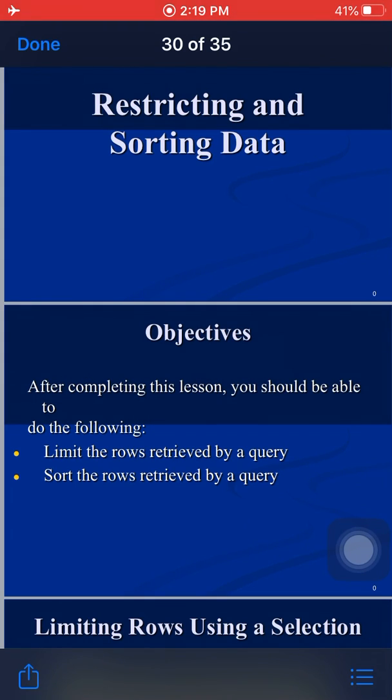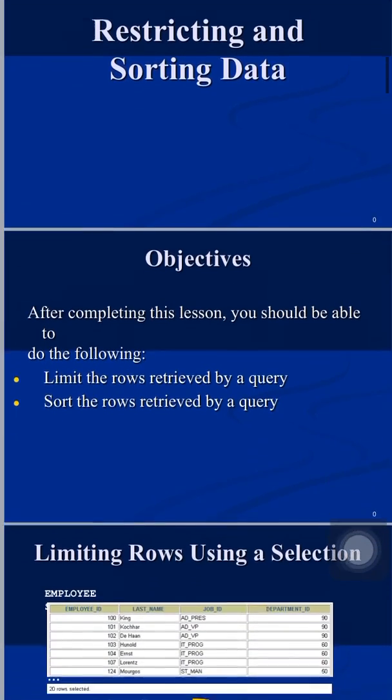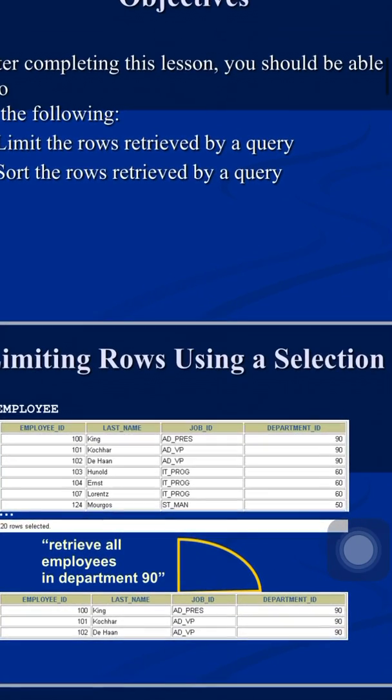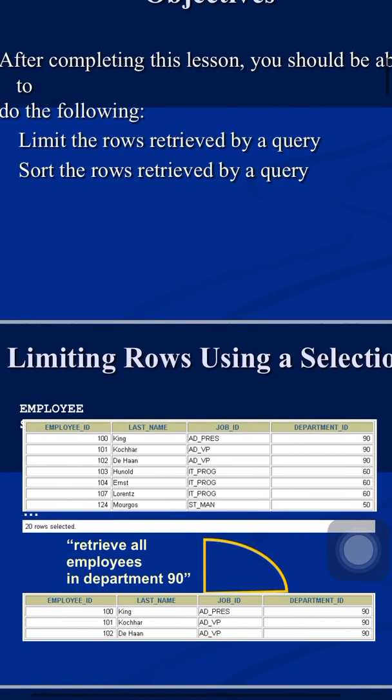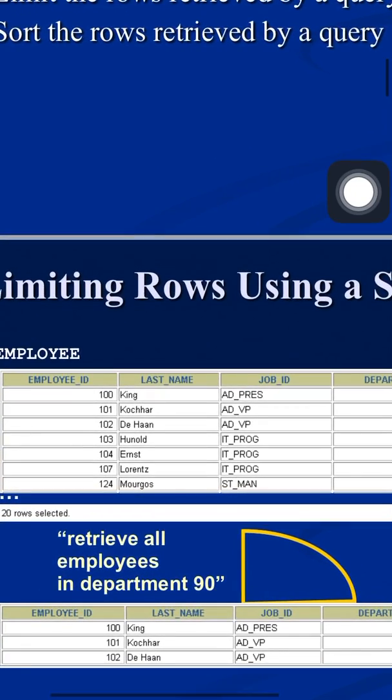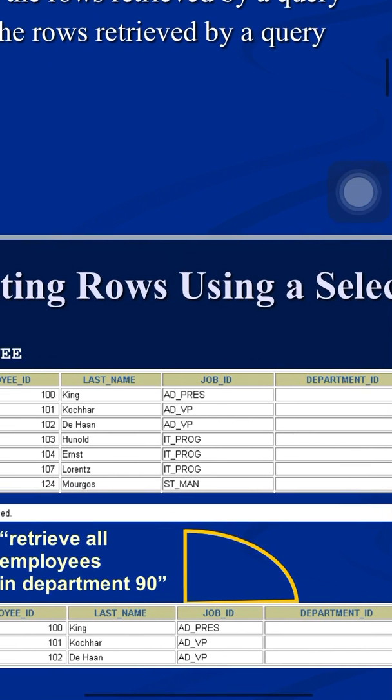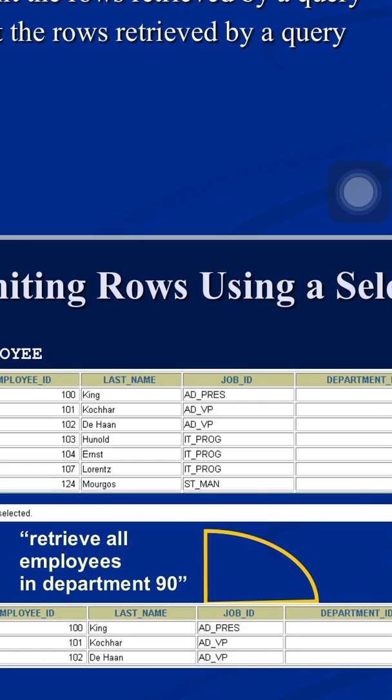So first let us focus on how we can limit the rows, and that can be done with the help of the selection operation. Let us consider one example as given in this particular slide. Suppose we have an employees table, and in that employees table, as you can see, there are 20 rows. So there are 20 employees in this table, but I am interested to see only such employees who are working in, say, the department whose department ID is 90.